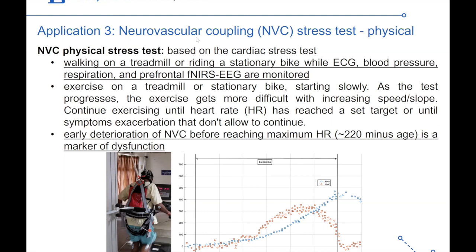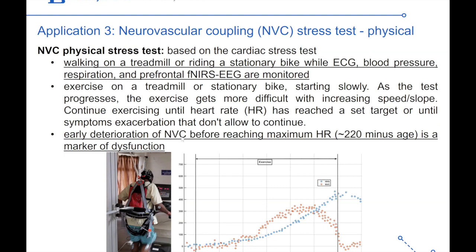One of them is what is called a neurovascular stress test. It's similar to a cardiac stress test, where a person walks on a treadmill, the difficulty is slowly increased and the heart rate increases, until reaching the maximum heart rate, which is the AHA criterion, roughly 220 minus the age.